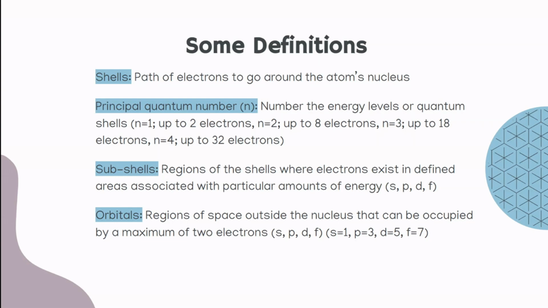However, subshells are these regions specifically in the shells where electrons exist in defined areas associated with particular amounts of energy. So I want you to imagine that a shell is like a mall, and there's certain sections or subshells within this mall that have different kinds of value, you could say. For example, we have the food court. It's pretty cheap area in general. We have some stores that are like the average level.